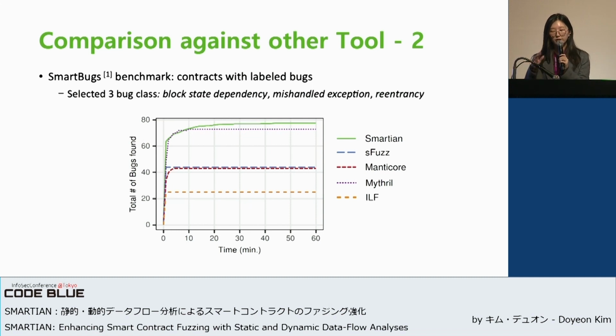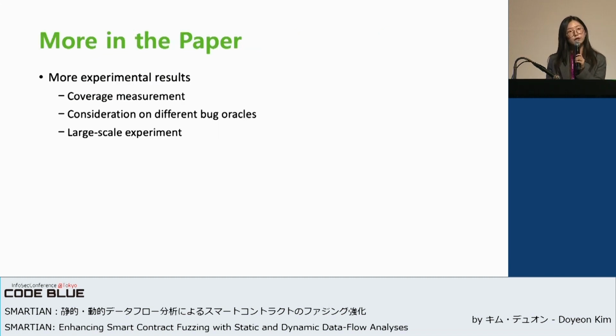Again, Smartian found the largest number of labeled bugs, although the gap between Smartian and Mythril is smaller this time. One possible reason is that this benchmark contains not only real-world contracts but also artificially made toy contracts where triggering a bug is relatively easier. Due to the time limitation, I cannot present all the details of Smartian.